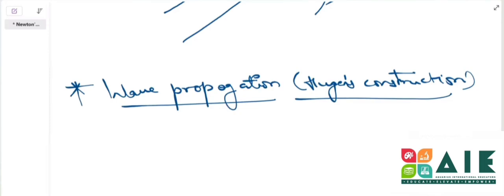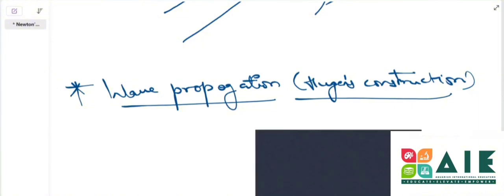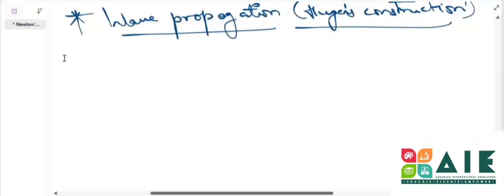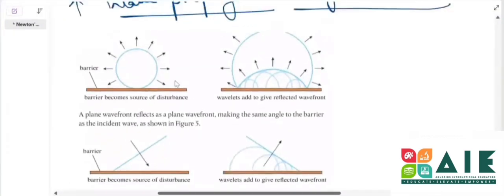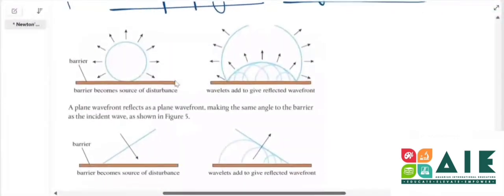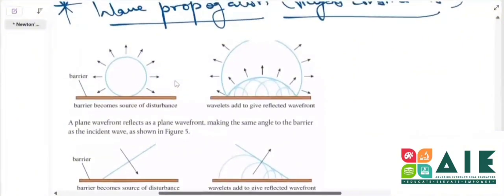Have a look at this picture, Akshata, that I am pasting here. Can you see this picture clearly?